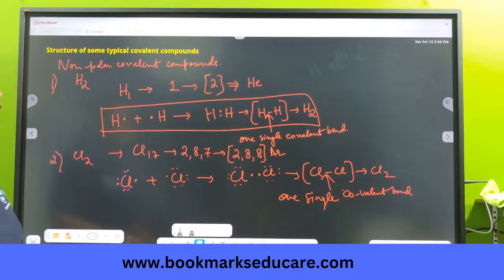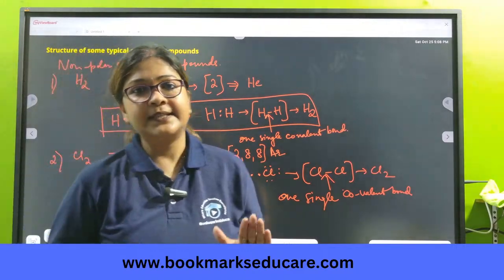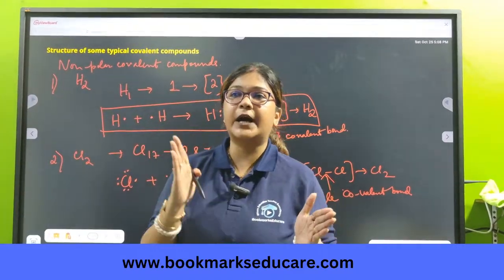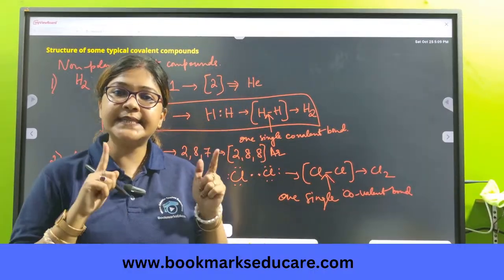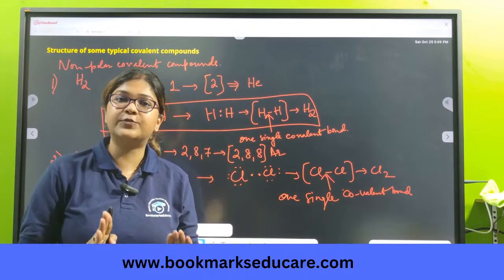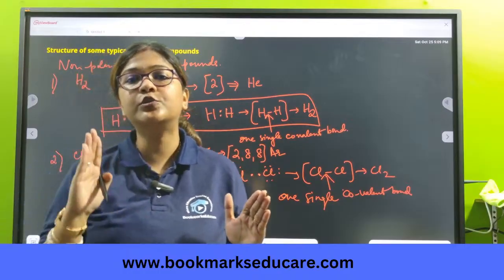Okay. So if it comes that you are asked to give an example of a molecule which has one single covalent bond, then it will be either hydrogen or chlorine.